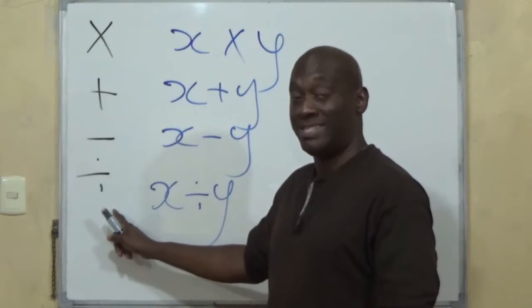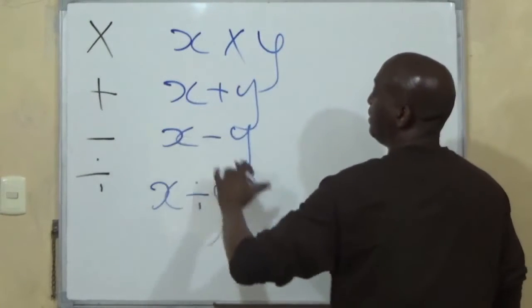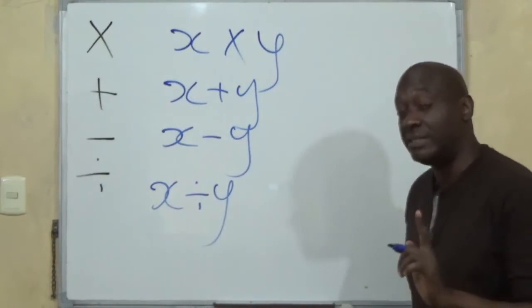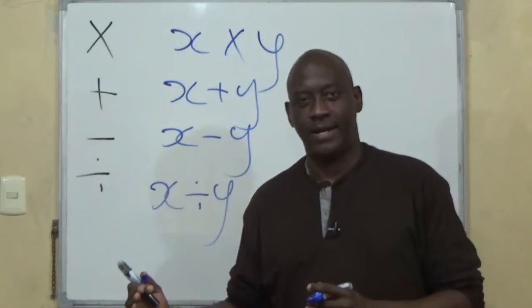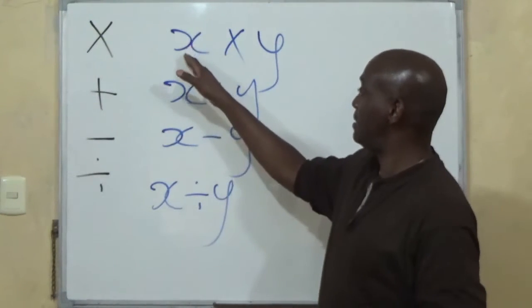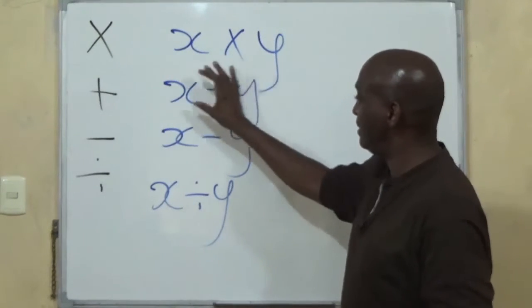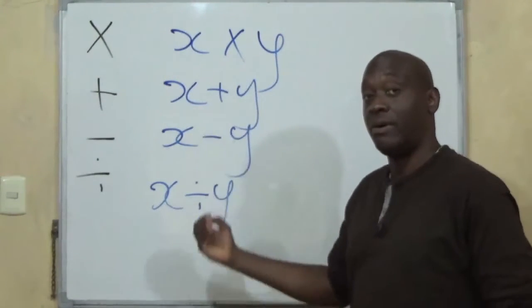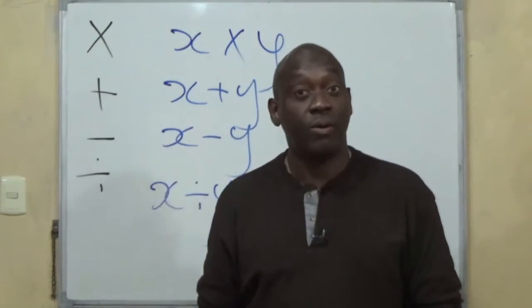The operator is the sign, this whole thing here would be the operation, that is the process. And then we have the operands. The x is an operand, the y is an operand, and that is the case in each of these four operations. Those are the things that you're operating on.